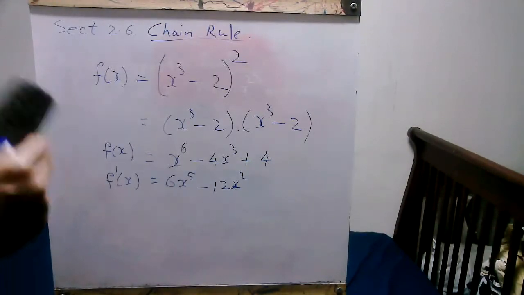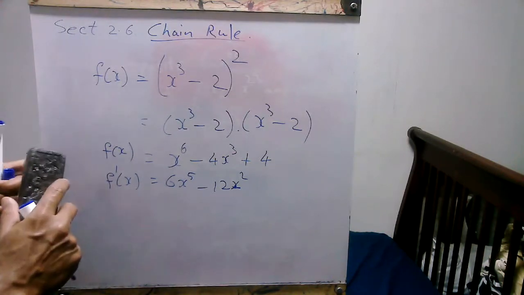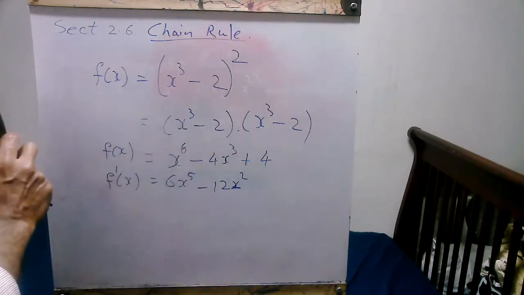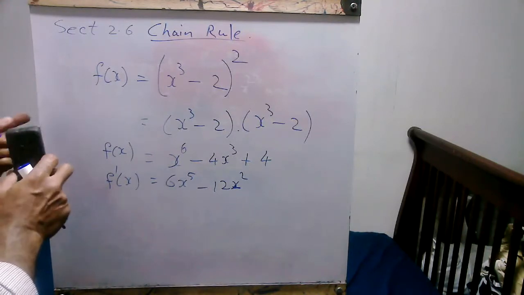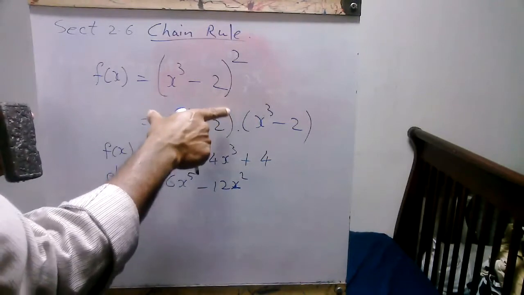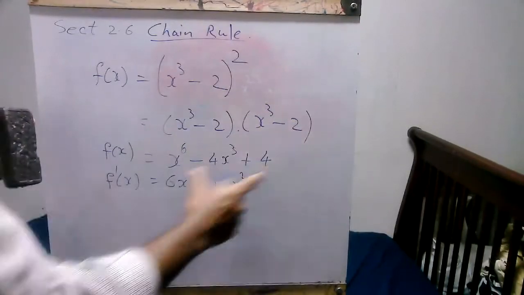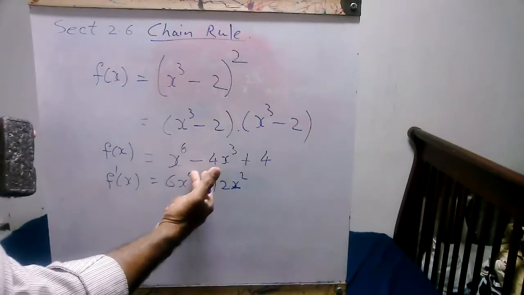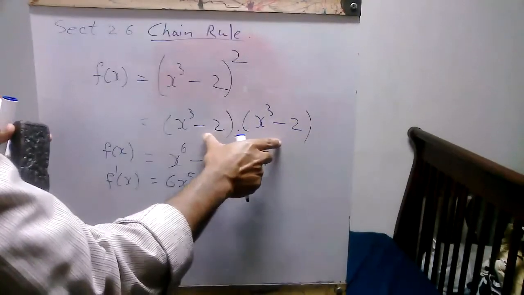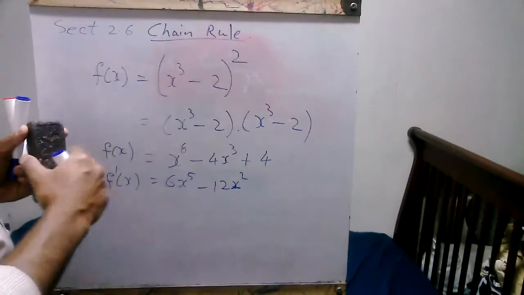Then why do we need chain rule? Now just remember what we did. When it is squared, I write this times itself and distribute. I also said we can use the product rule here. Still we get the same answer.